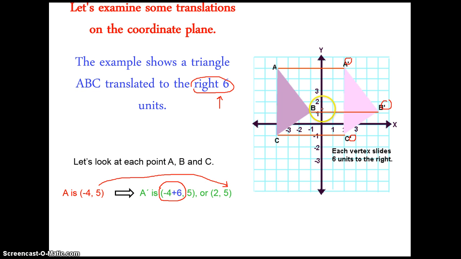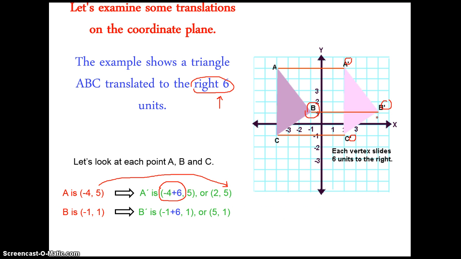So will you tell me what's the x value for point B? Just the x. Yes, sir? What's the old one, the original one, I should say? Negative 1. If you add 6 to negative 1, what do you get? 5. So the new x value is going to be 5.